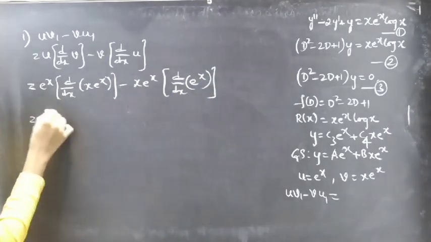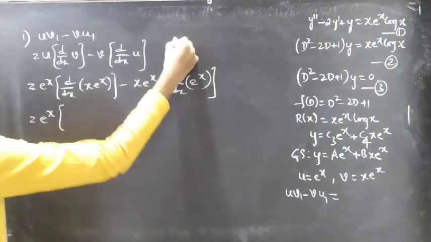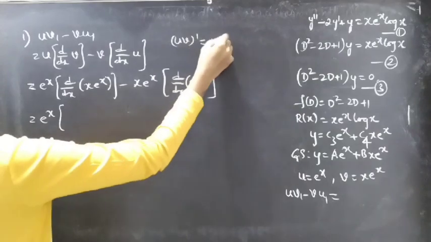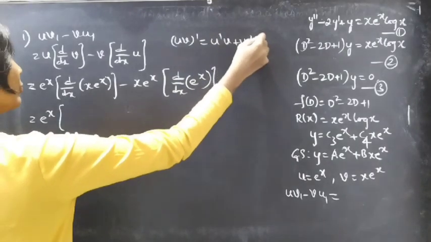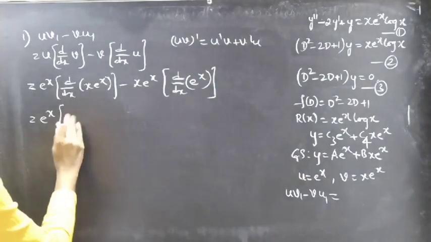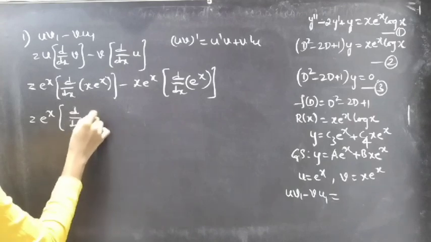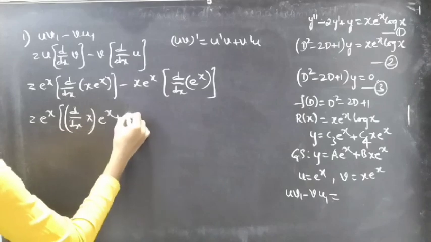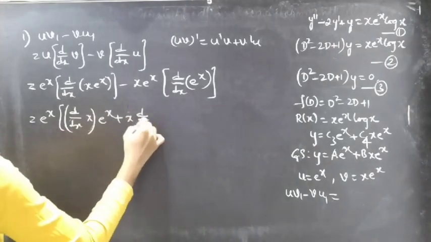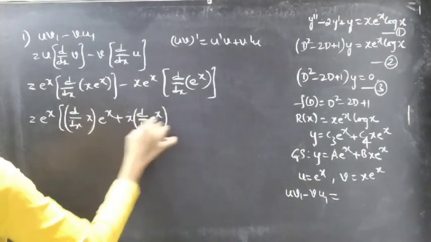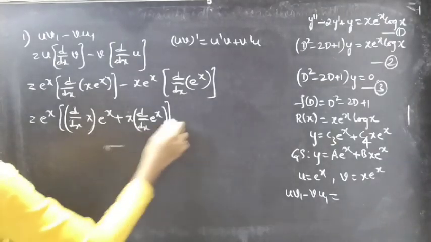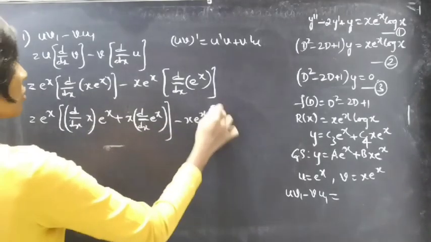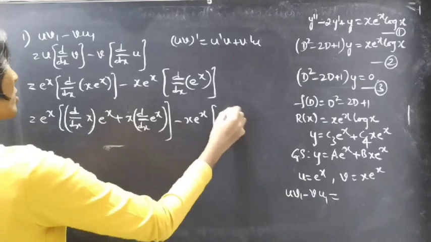This gives us e power x of, here we are going to apply the uv whole dash formula. Derivative of x with respect to x into e power x plus x into derivative of e power x with respect to x, minus x e power x into derivative of e power x with respect to x is e power x.